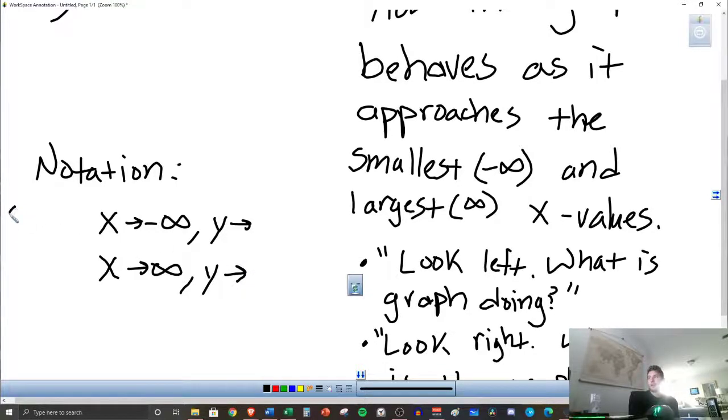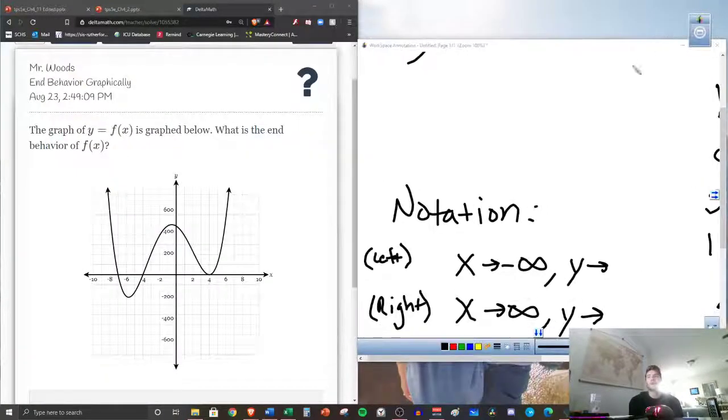The other way that we could phrase this is like this. This is left, this is right, okay? The negative infinity, that's the smallest value, that's to the left, over here. And then the right is over here, that's positive infinity.